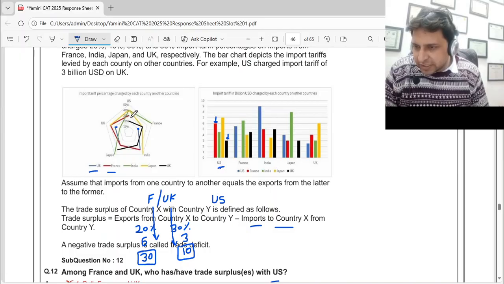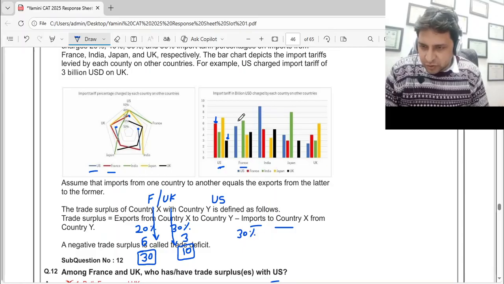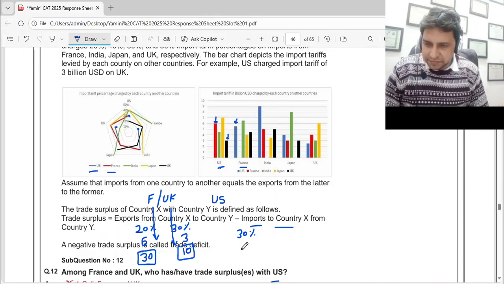So this is what ends here. 30%. And how much is it? France, US, that is 5.5. So the total becomes around 19 or 18, between 18 and 19. So it is a surplus. So France is gonna have a surplus for sure.